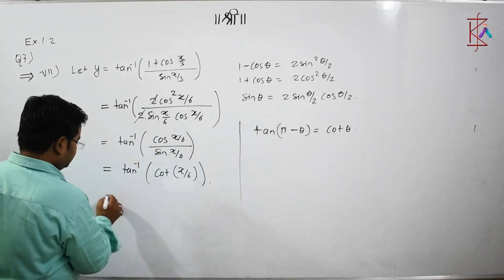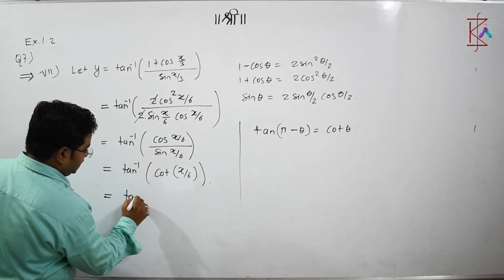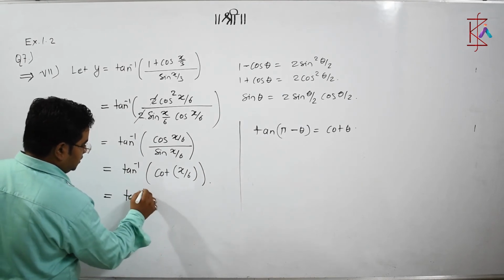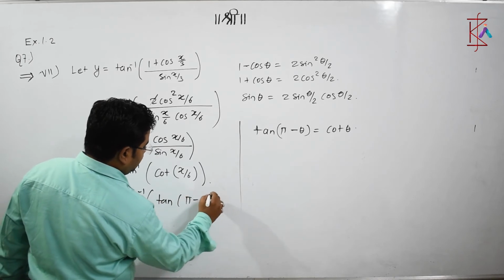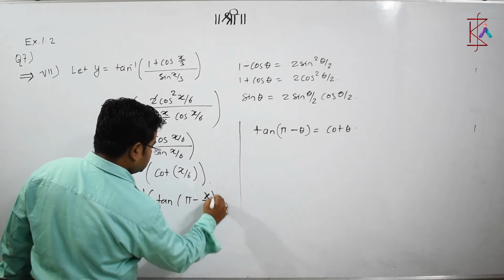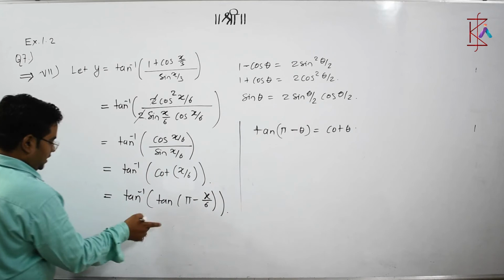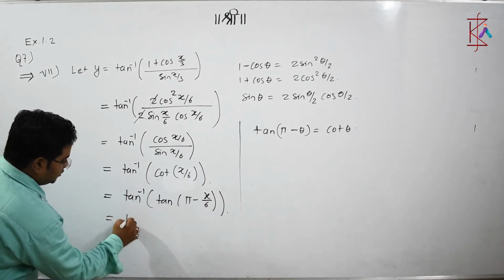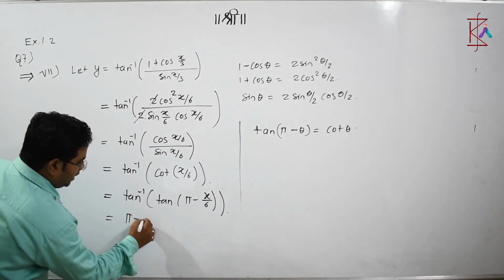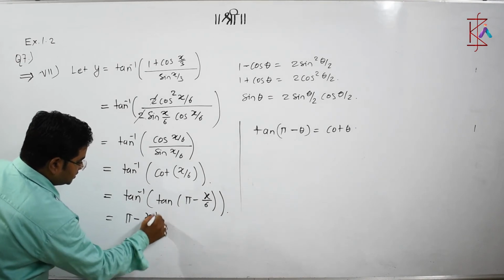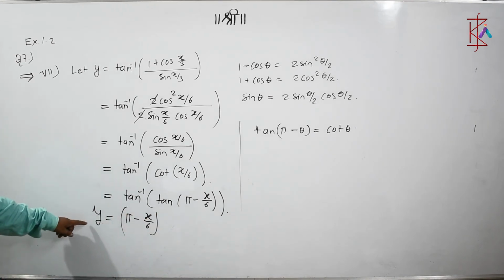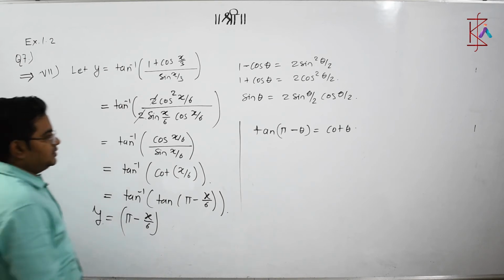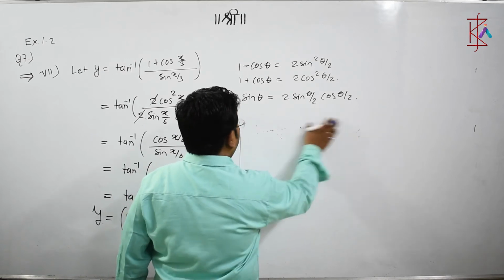Now next step, tan inverse of tan((pi minus x)/6), simplified, you will get (pi minus x)/6, that is our y. As you can see, this is differentiable, and therefore I would like to write it directly.